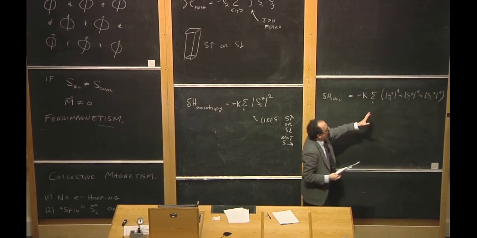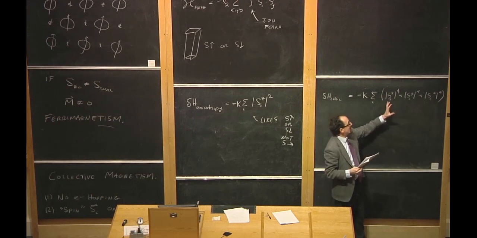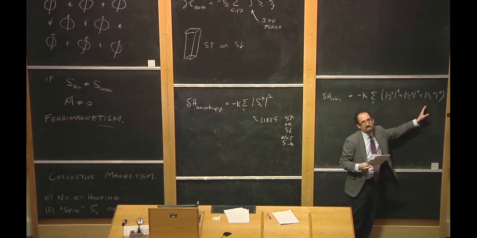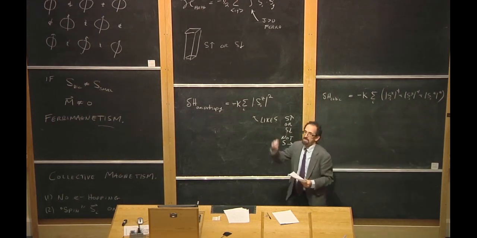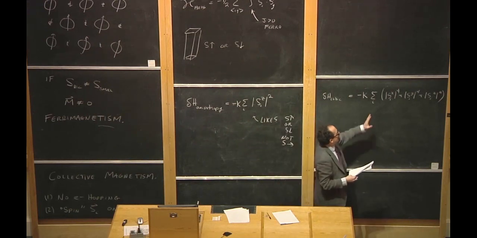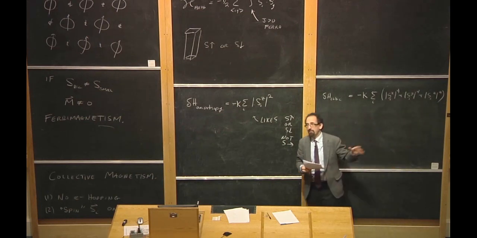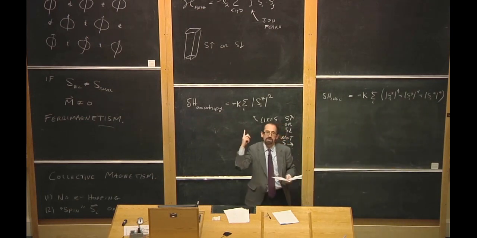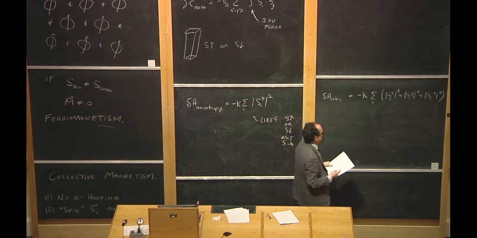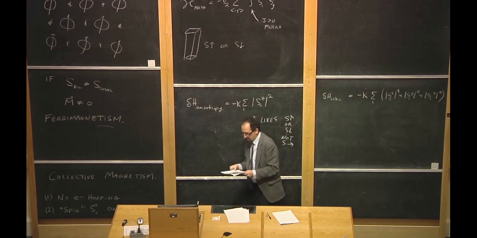I wrote this to the fourth power because if I wrote them to the second power, then you just get sx squared plus sy squared plus sz squared, which is just s squared, and that doesn't care which direction the spin is pointing because it's just the magnitude of the spin. But if you write it as fourths, this prefers to have the spin pointing along one of the crystalline axes, but not in between. So we might consider this one a little bit as well, but mainly we're going to focus on this one.